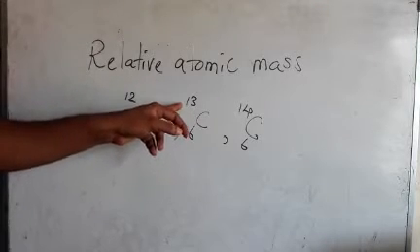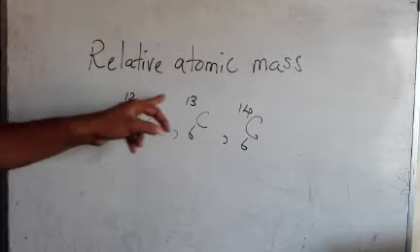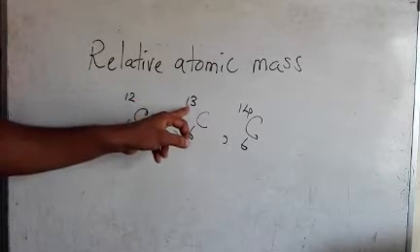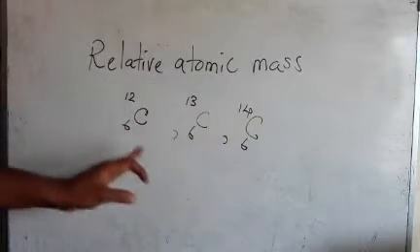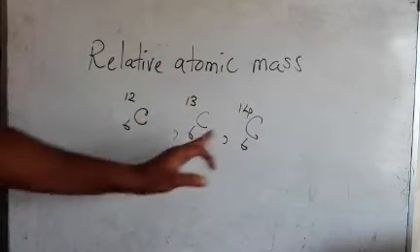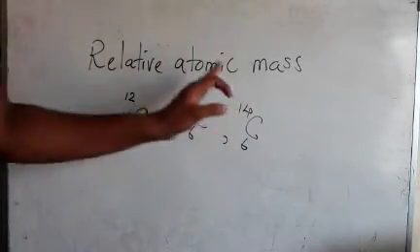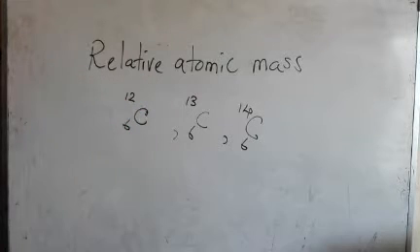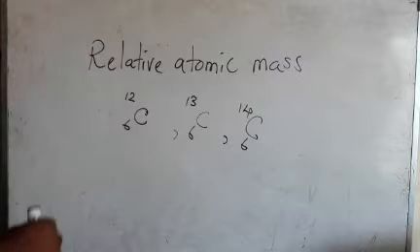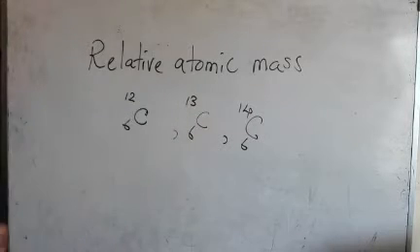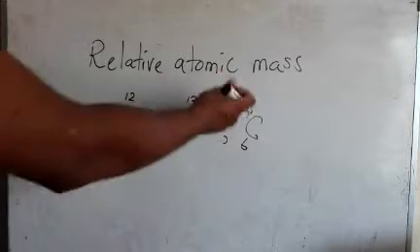Here the carbon atom has 6 neutrons, here 7 neutrons, here 8 neutrons. We call them isotopes. So we can call these carbon 12 isotope, carbon 13 isotope, carbon 14 isotope.